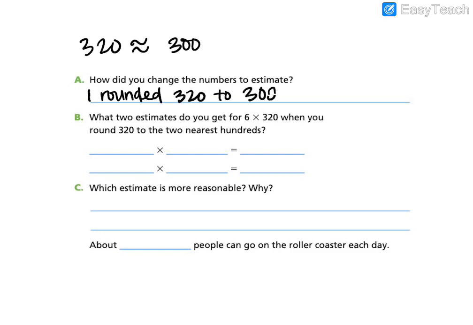Or if I'm rounding to the hundreds place, I'm either rounding to 300 or to 400. My midway point would be 350. 320 is less than 350, so it's more reasonable for it to be rounded to 300. That is what it's closest to.